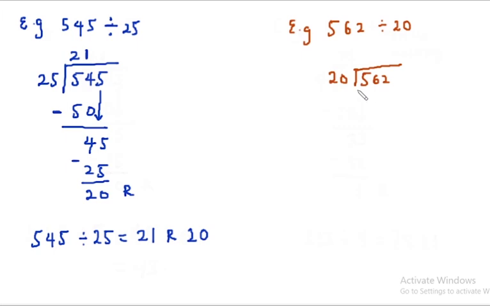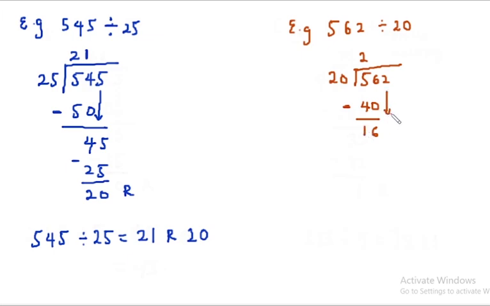It doesn't. So we pick the first two numbers. How many times does 20 go into 56? The answer is 2. So 2 times 20 is 40. Then we go to the next step, which is subtract. So we have 6 minus 0 is 6. 5 minus 4 is 1.